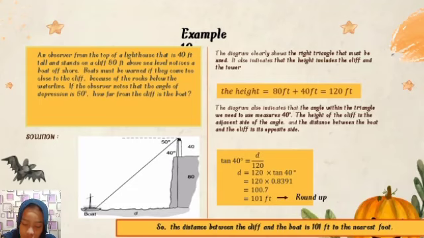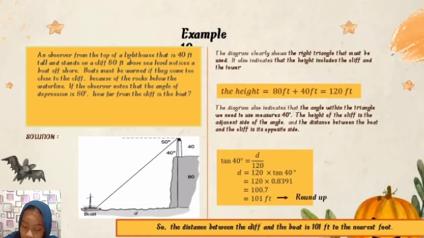And next, this last example with the question: an observer at the top of a lighthouse that is 40 feet tall and stands on a cliff 80 feet above sea level notices a boat offshore. Boats must be warned if they come too close to the cliff because of the rocks below the waterline.